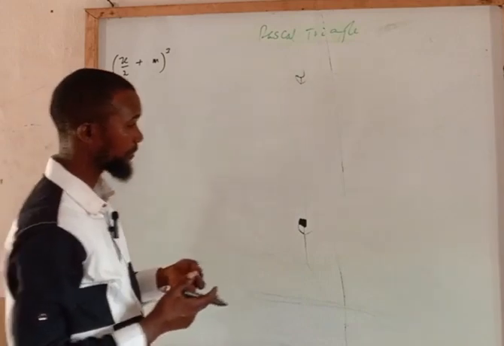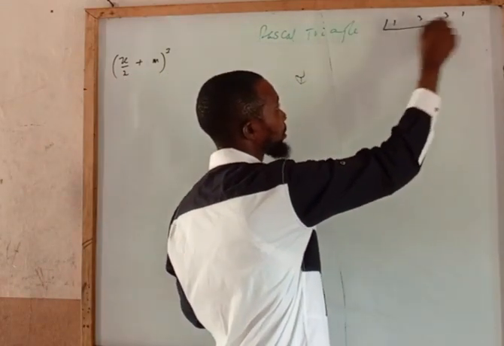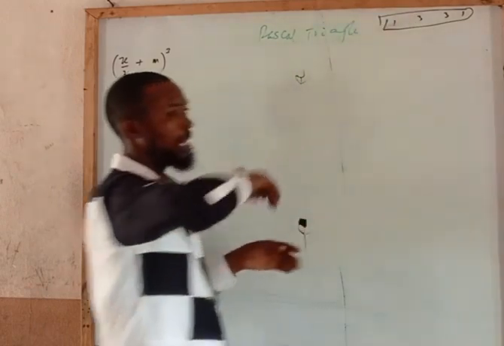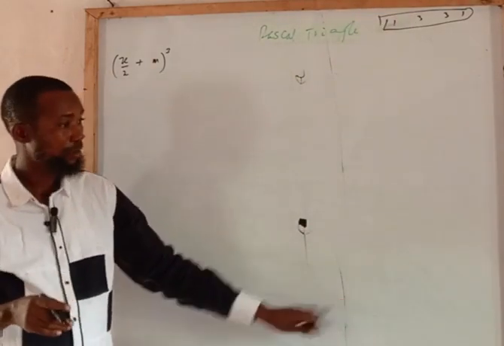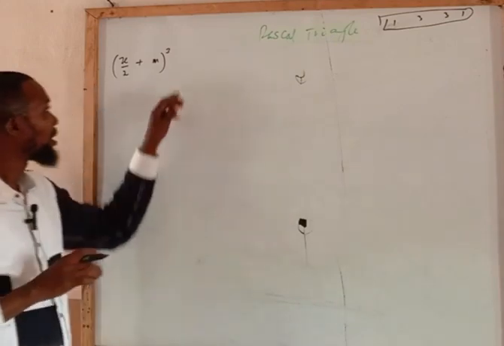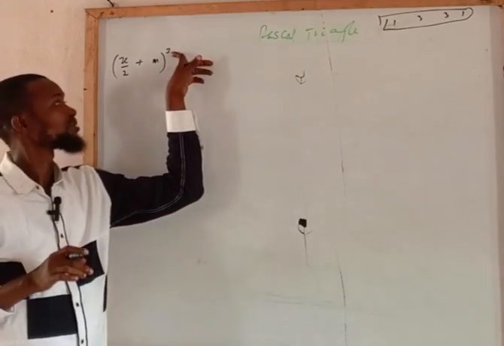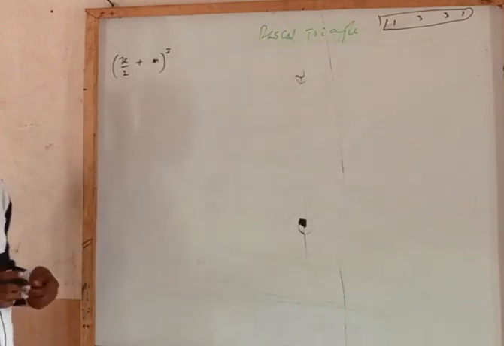But in order to save time, I will just write 1, 3, 3, 1. This is for my own case, but for the students that are just learning this, it is better you compute down your Pascal triangle so as to detect what exactly we need when we want to expand a given expression to the power of 3.